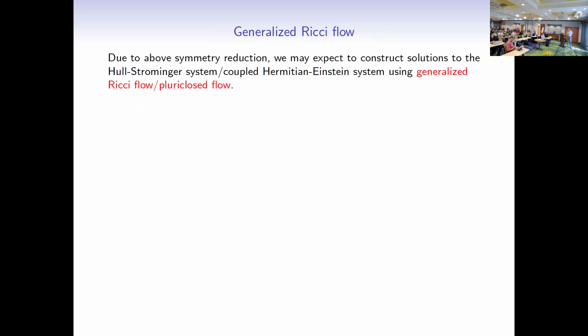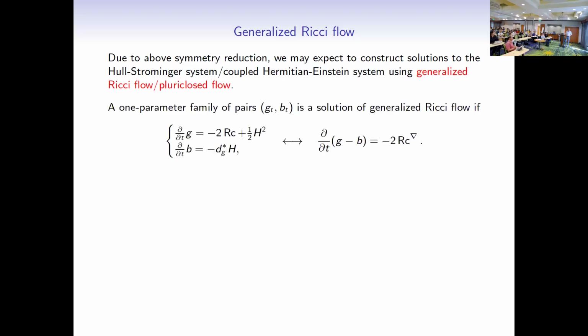And in the complex geometry world, this is what I introduced with Tian, this so-called pluriclosed flow. Okay, so let me very briefly, there's no clock in the room, very briefly recall what is going on with these. Generalized Ricci flow is a PDE for a Riemannian metric and a 2-form B, which looks like this.